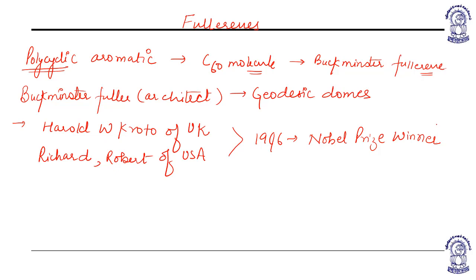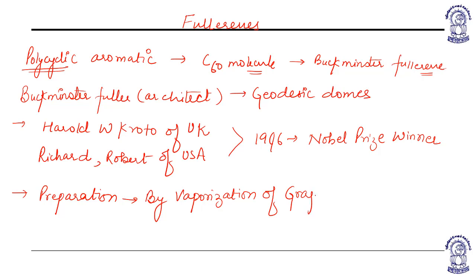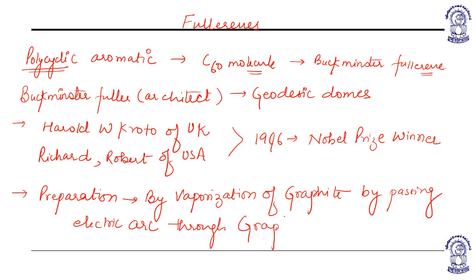Now, the method: they are prepared by vaporization of graphite, by passing an electric arc through graphite electrodes.